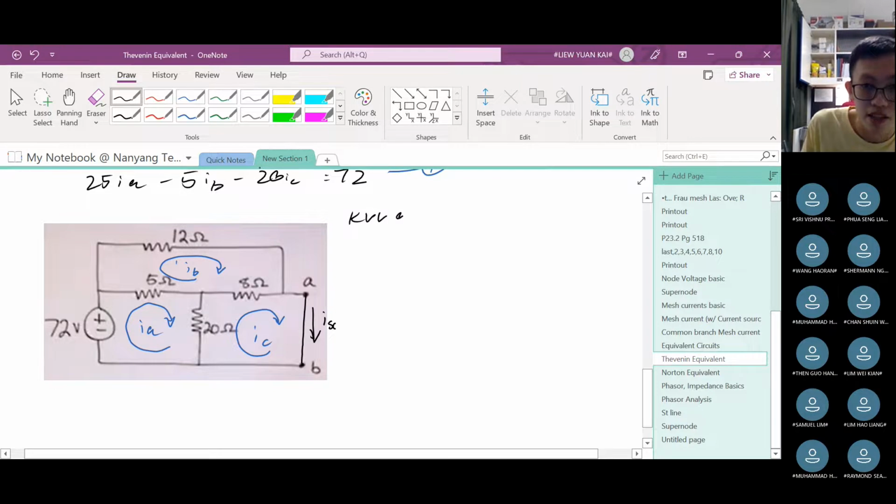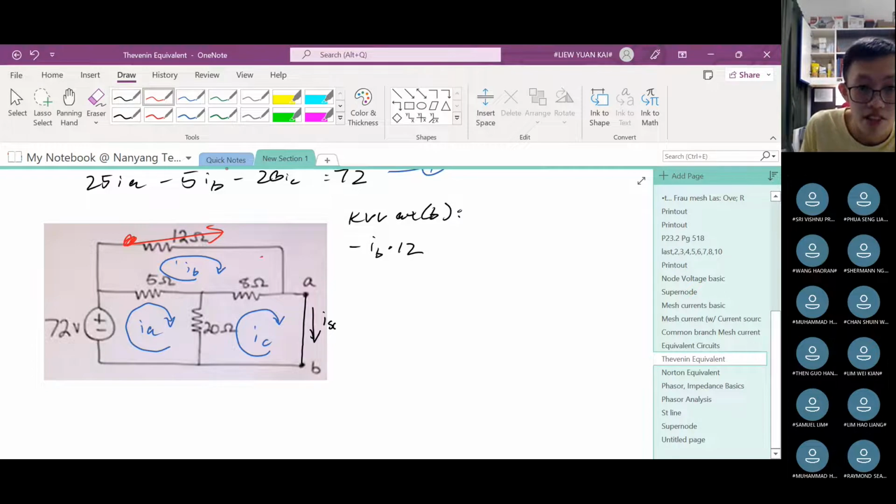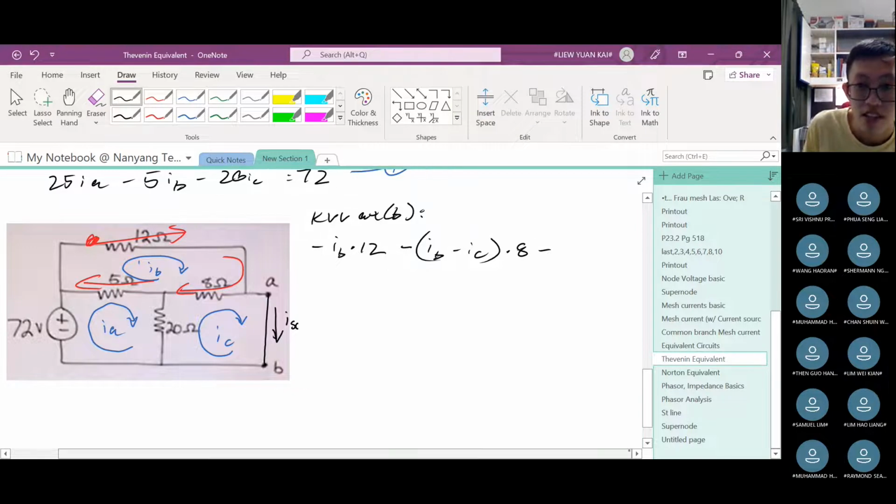So we're trying to solve IB, right? So KVL at B. Let's start from here. We go to here. So negative because it's a resistor. Resistor is voltage drop: minus IB times 12. Then I'm going to here, so it is minus IB minus IC times 8 minus, what is this, IB minus IA times 5.